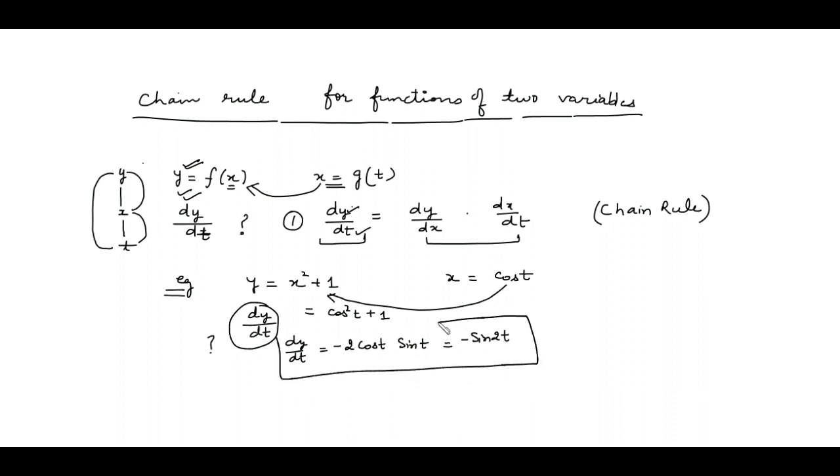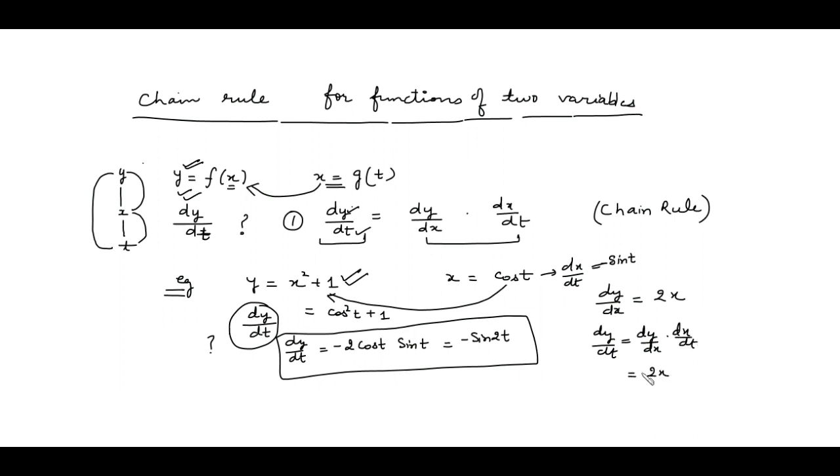The other way, we can apply the chain rule. We can find its derivative with respect to x. So what is dy by dx? That is 2x. What is dx by dt? This is minus sin t. So what will be dy by dt? After applying the chain rule, we get 2x into minus sin t.